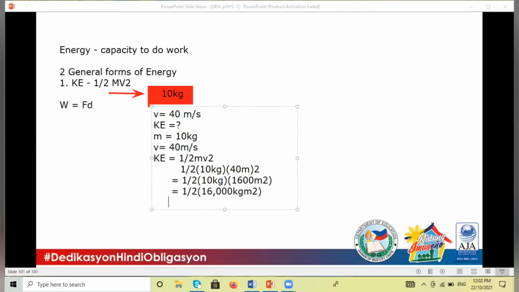Divided by 2, 1/2 times 16,000 kilogram meters squared divided by 2, 8,000. So you have 8,000 kilogram meters per second squared is Newton, plus may isa pang meter dito. So that will be Newton meter or joules.